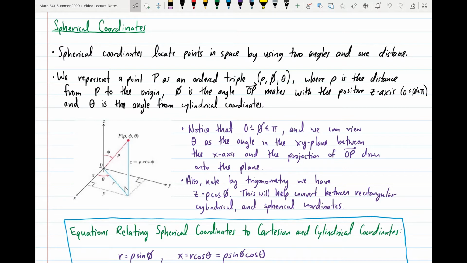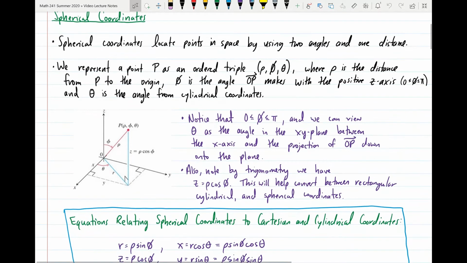And note that phi is always going to be between 0 and pi. And theta is the angle from cylindrical coordinates. So theta is going to be the angle in the xy plane between the positive x-axis and the projection of OP down onto the xy plane.